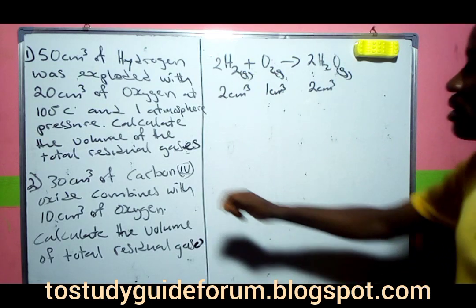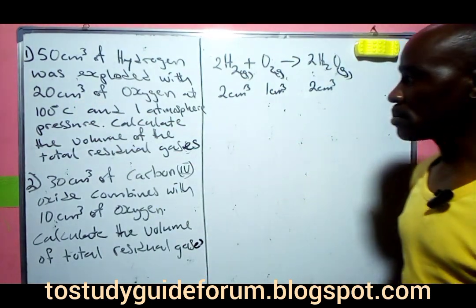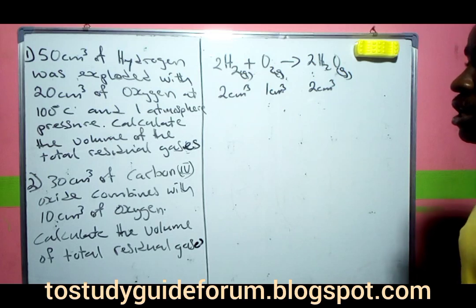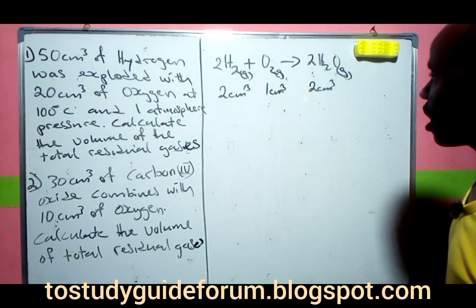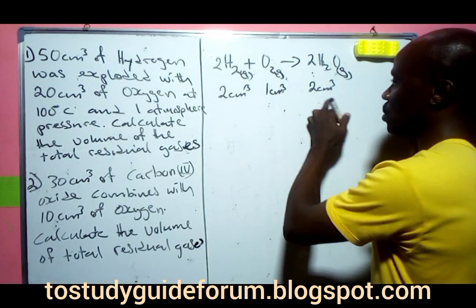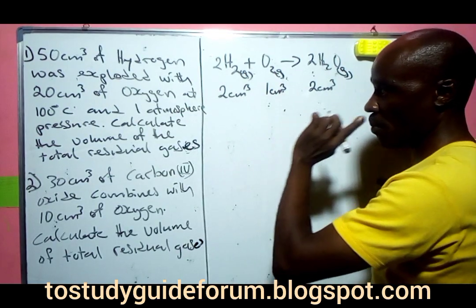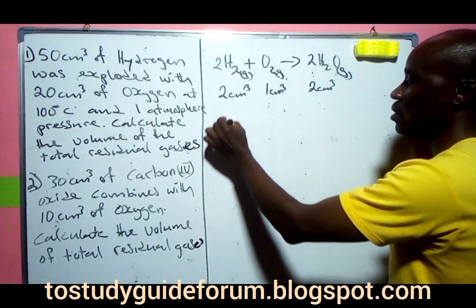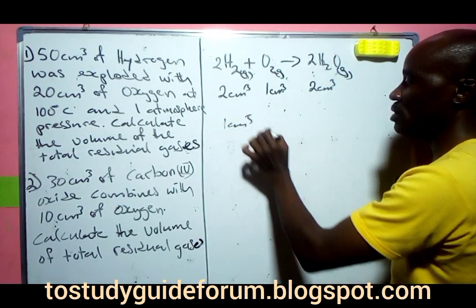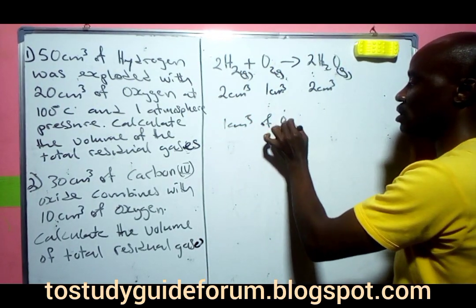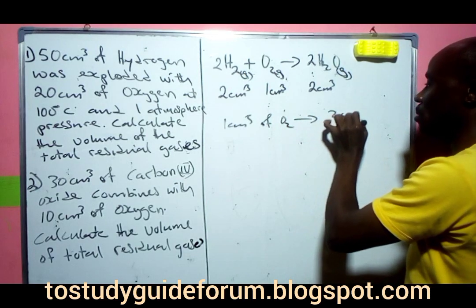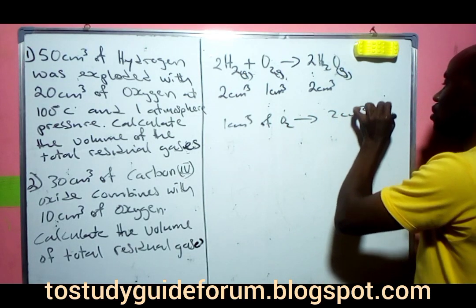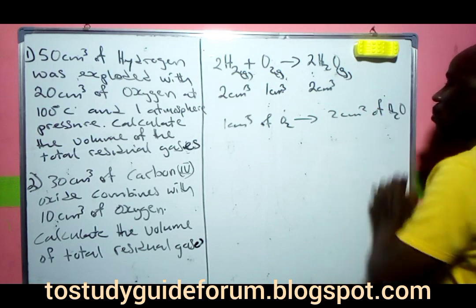Now for the oxygen, which is 20 cm³. From what we have here, 1 cm³ of oxygen will give us 2 cm³ of water.